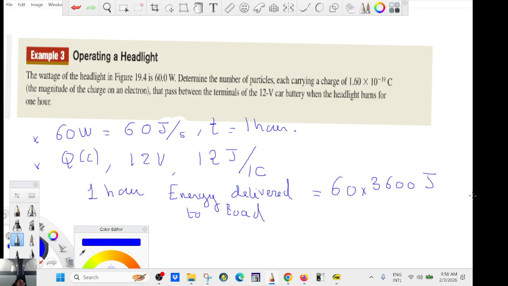Do you agree? So what is joules per second? It's a rate, how fast energy is being consumed. So do it.